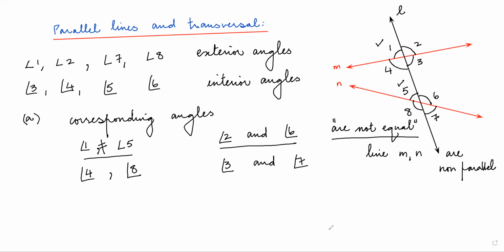Right, students? But just see, students, when these two lines are parallel, let us say their names are M and N. Now let us say a transversal L is intersecting them.